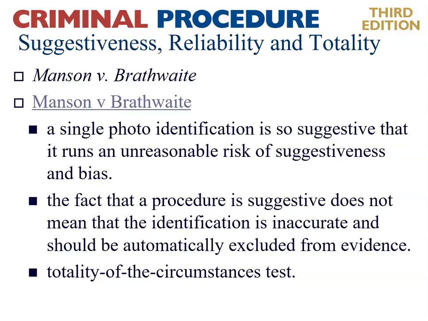And the fact that a procedure is suggestive does not mean that the identification is inaccurate and should be automatically excluded from evidence, but we're going to look at it on the totality of the circumstances.